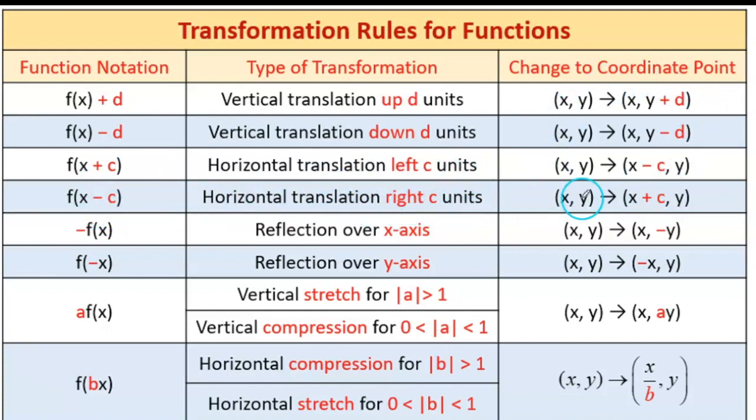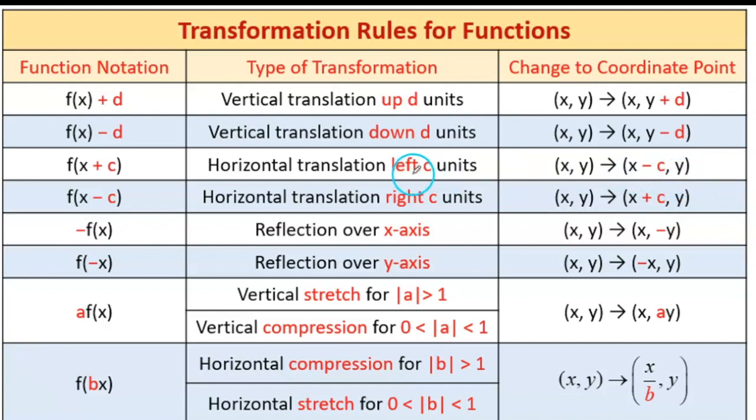Here I'm showing you what happens. Plus d, you're adding a d value to the y. Subtracting a d from the y, so going up, going down. Here, you're subtracting from the x, meaning I'm going to the left. Remember, x is your horizontal movement, y is your vertical movement.